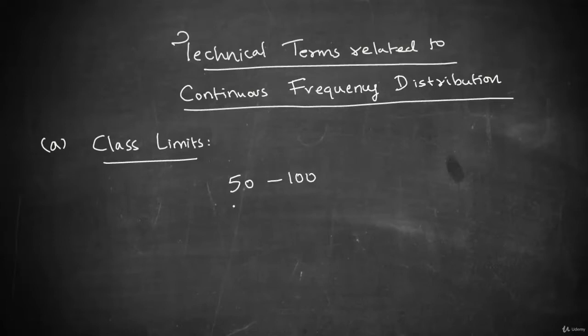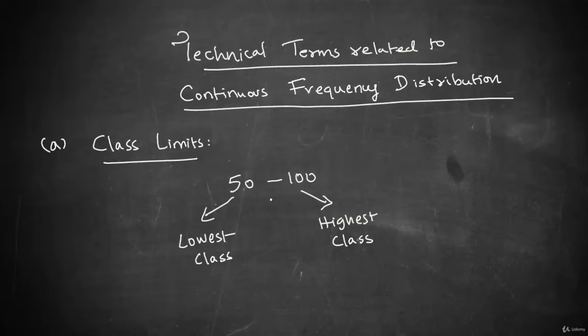Now this 50 will be called the lowest class, and this 100 would be called the highest class. So there are boundaries.